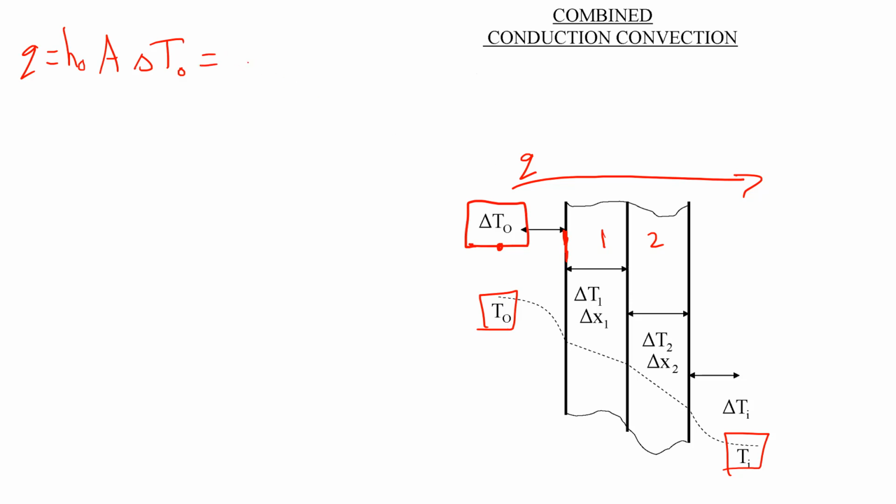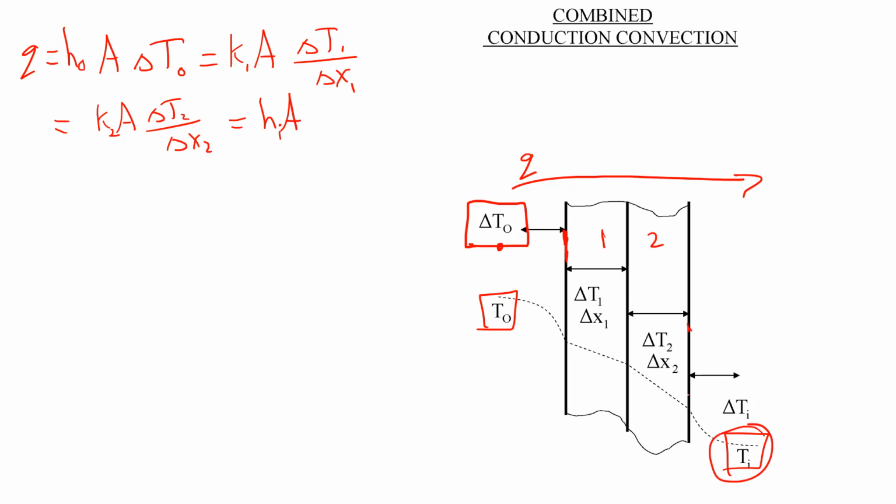Then the heat would travel through the first layer of the wall, which would be governed by heat conduction. Then the second layer of the wall, again by conduction. And then the final step would be the heat convection from the inside surface to the inside air.